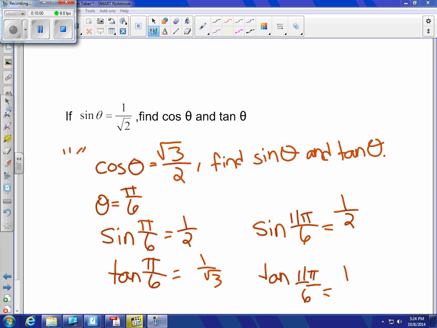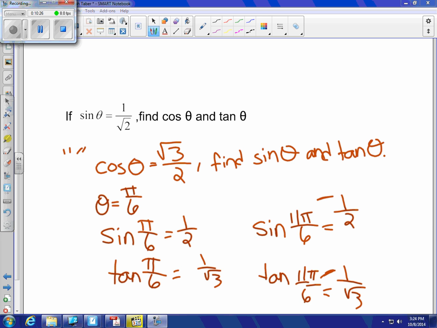It's going to be same for both. Now, we got to determine, well, is it positive or negative in our fourth quadrant? Not first, fourth. It's negative, right? In our first quadrant, they're all going to be positive. They're all going to be negative.